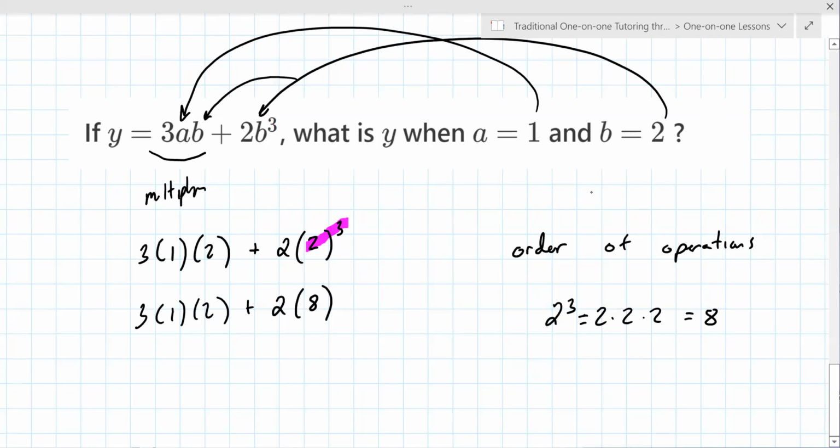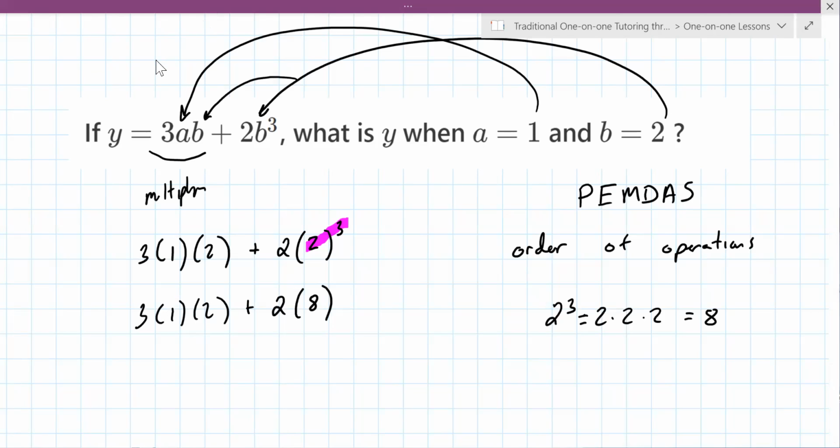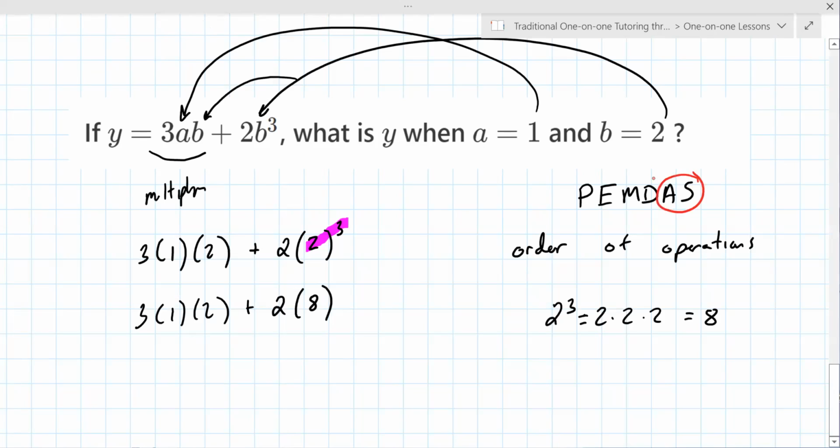The order of operations, you probably saw this before, PEMDAS, and really they're grouped, in such a way where you add and subtract, multiply and divide. So you do exponents before multiplying and dividing. In this case, you're going to multiply before you add. 3 times 1 times 2 is 6, plus 16 is 22.